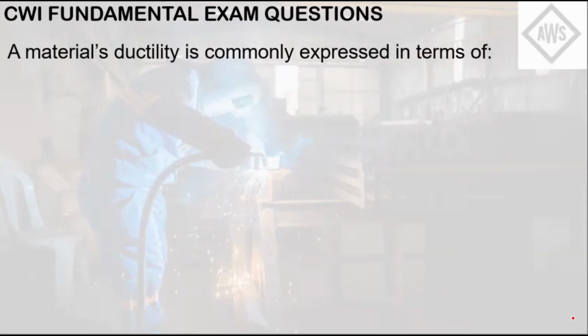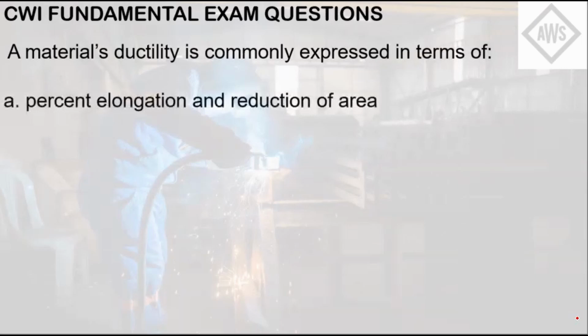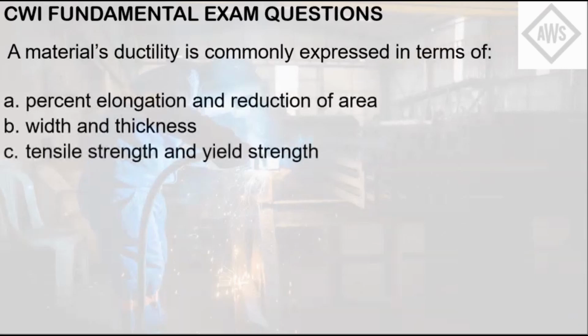A material's ductility is commonly expressed in terms of A, percent elongation and reduction of area. B, width and thickness. C, tensile strength and yield strength. D, toughness. E, fatigue. Ductility, by definition, is a measure of how much the material can elongate before it ultimately breaks. So for the choices here, letter B is just a measurement, so it doesn't really relate to ductility.